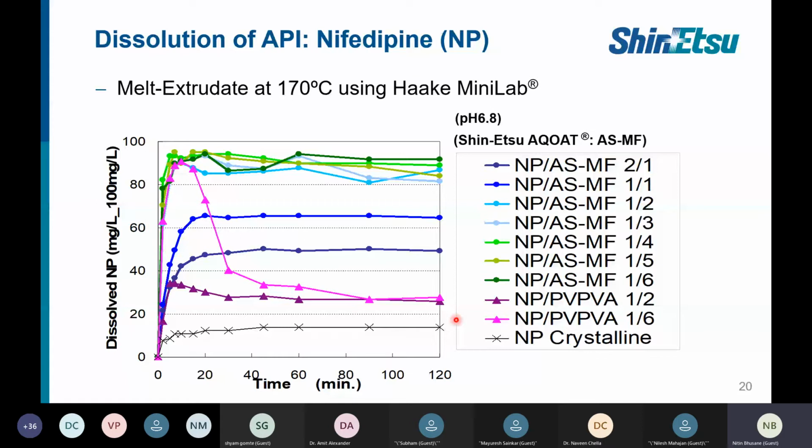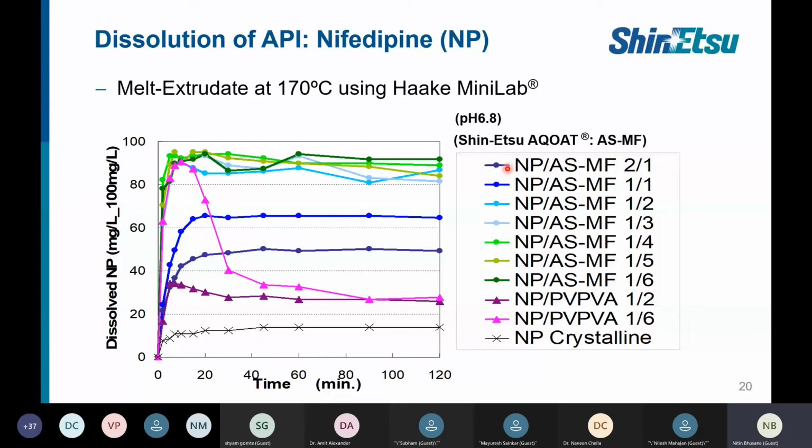What we have done, we have selected nifedipine and the AQOAT HPMCAS grade at different proportion levels, starting from 1:1, 1:2, 1:3, up to 1:6. We have gone up to 1:6. Also, we have taken one more additional proportion where we have increased the drug part to 2 and reduced the polymer to 1, so it is almost 1:0.5, you can say.